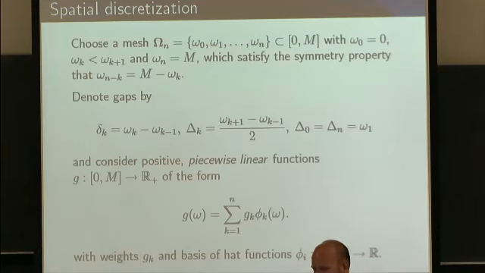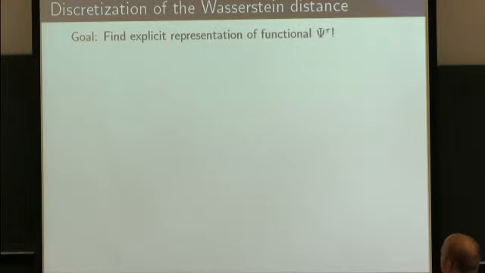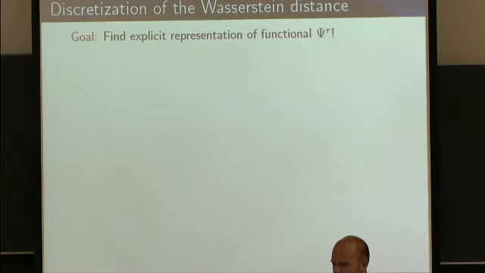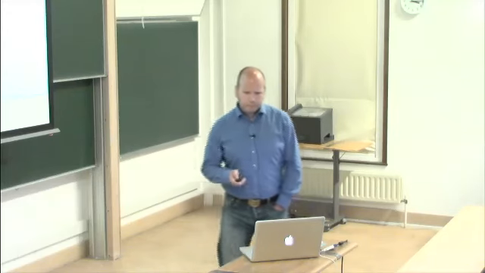So then we can try to write all our continuous optimization problem in Lagrangian coordinates in a discretized version. So we have to find explicit representations of our new functional psi in terms of the weights and the parameters that appear in these hat functions. And this can be done.